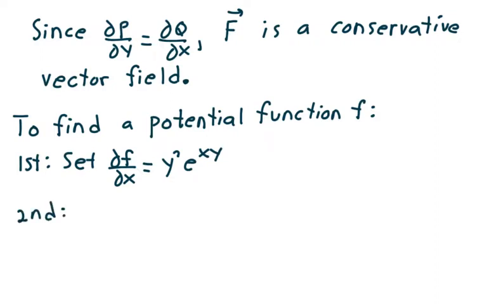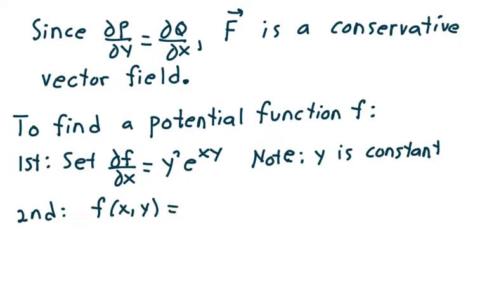And that's the first component. Now, remember here, one thing to keep note of always is what's constant. In this case, y is constant. So it's not so bad, believe it or not, because f of xy is going to be the following. Remember, y is constant, so I claim you end up getting y e to the xy, right? But remember, y is constant, so we have to add some function of y.